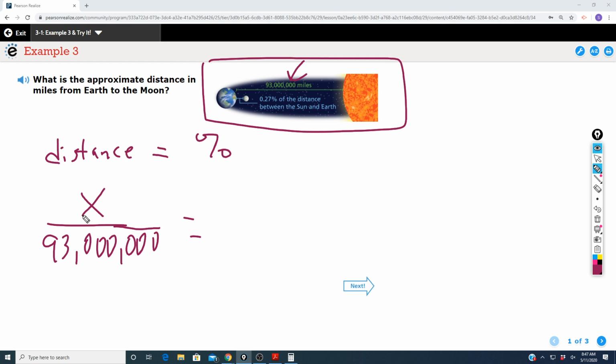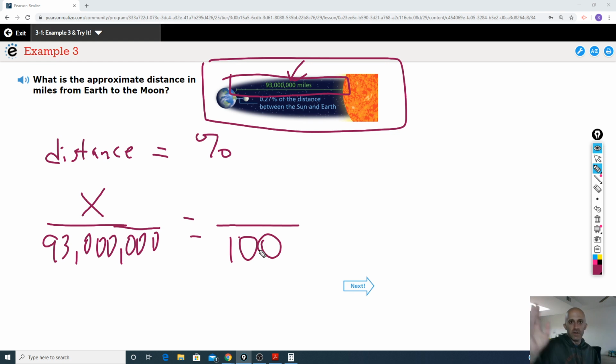Okay. Let's set up our right side. The 93 million miles is our 100% of our comparison, right? Earth to the Sun is 100%, because our percent for the Moon is in comparison to the Sun and the Earth as well.